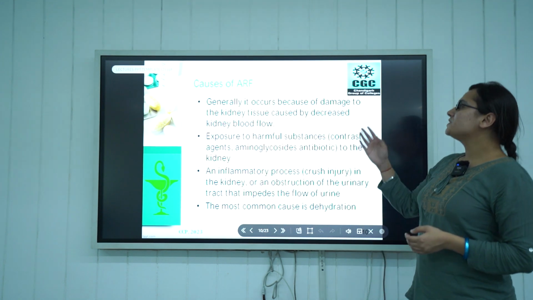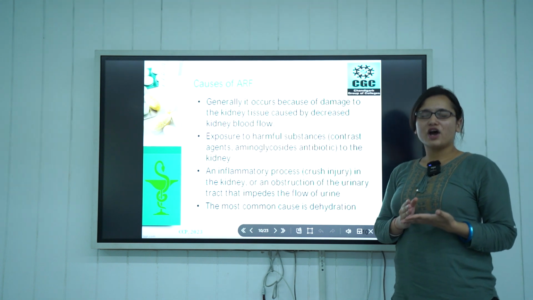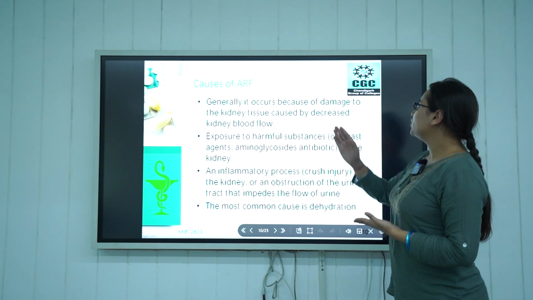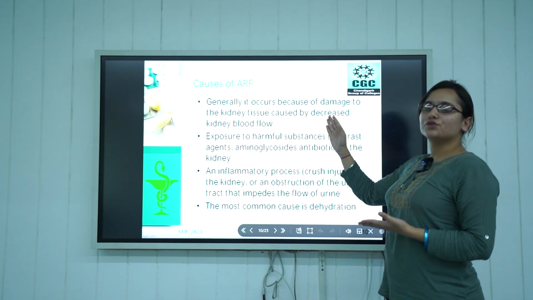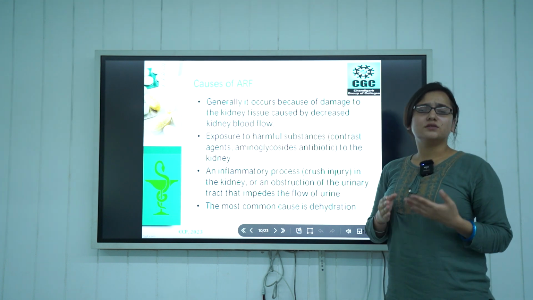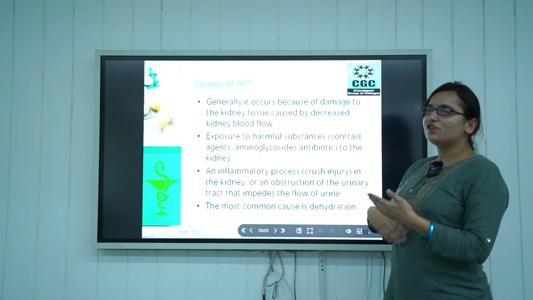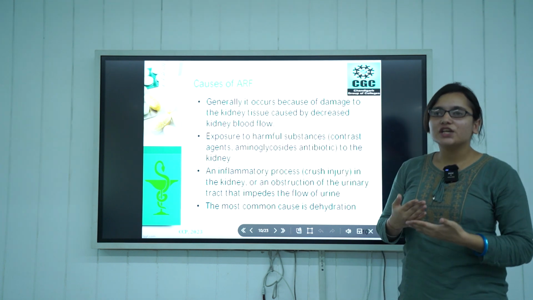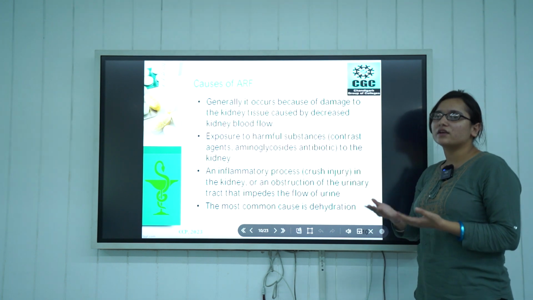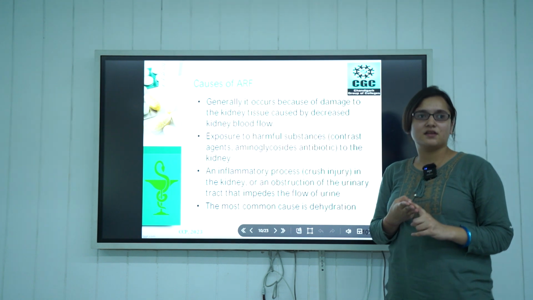So there are multiple causes of ARF, but the main causes are post-renal, intrarenal and pre-renal causes, okay? So generally the damage can occur due to reduced kidney blood flow, that is a pre-renal cause, okay? And if there is any inflammatory process or any damage to the kidney due to harmful substances like aminoglycoside antibiotics, as we all know, like gentamicin, tobramycin, streptomycin, right?